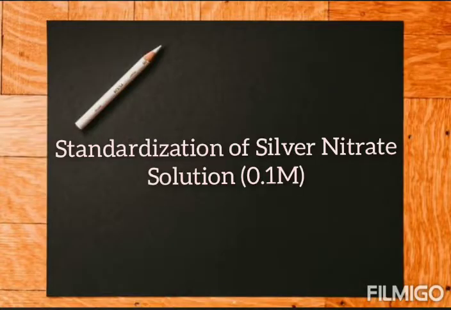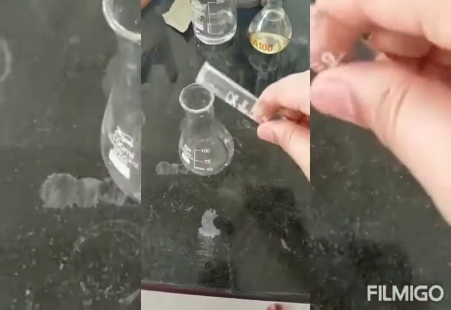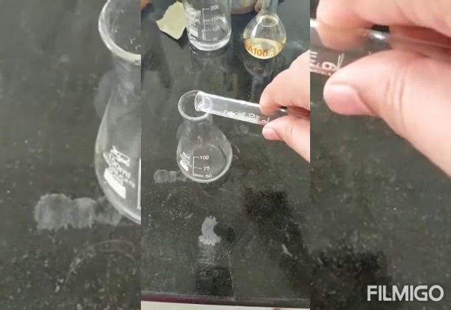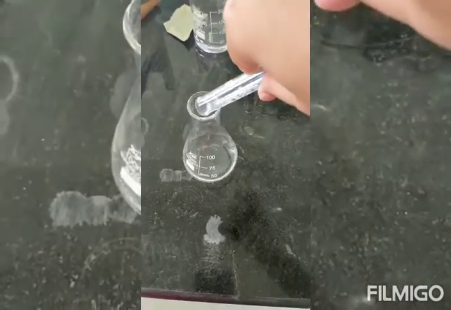Then standardization of silver nitrate solution, that is 0.1 molar. Take 10 ml of 0.1 molar sodium chloride solution and transfer it into the conical flask.